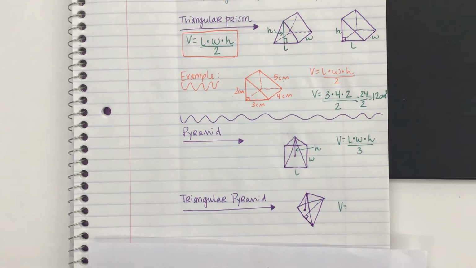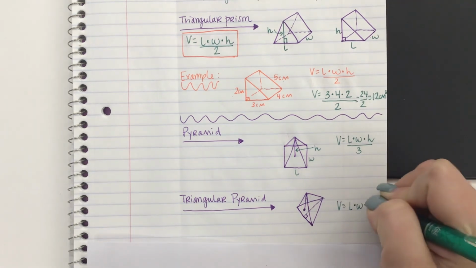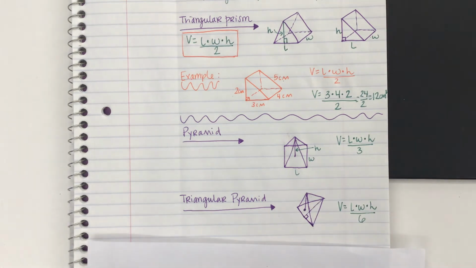And the volume formula for the triangular pyramid is length times width times height divided by 6. Yes, there is a reason why you divide by 6, but I'm not going to get into it right now. If you want to know what that reason is, go ahead and send me an email and I'll gladly explain it to you the next time I see you.